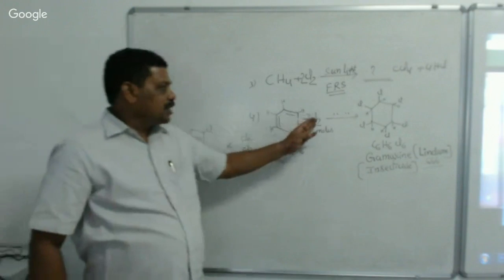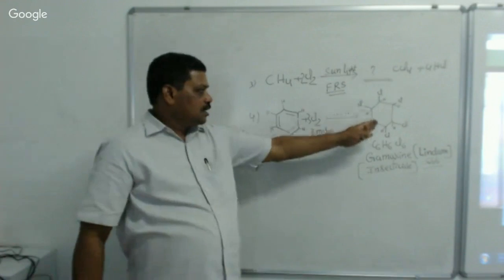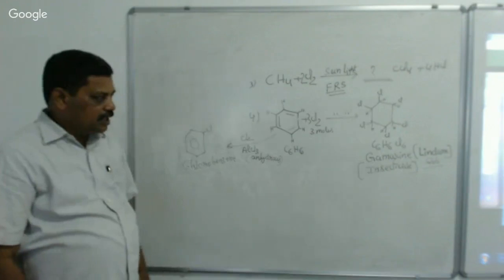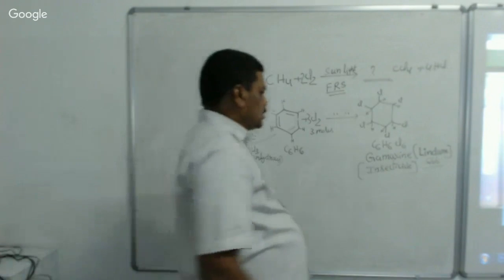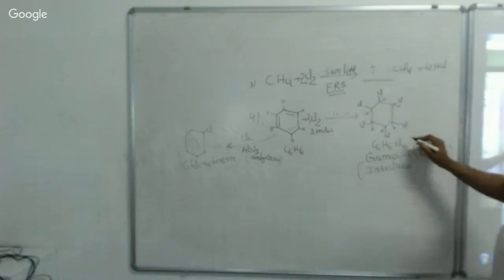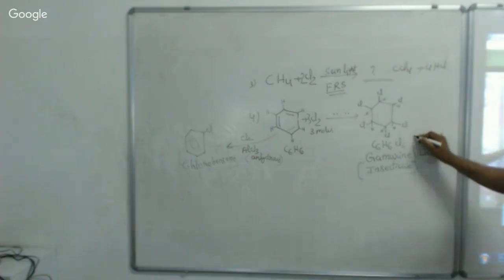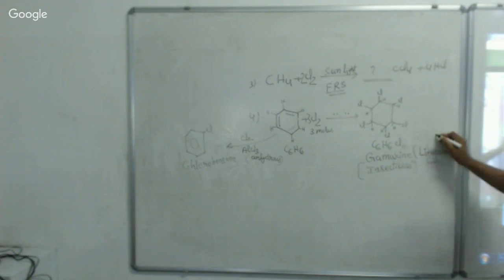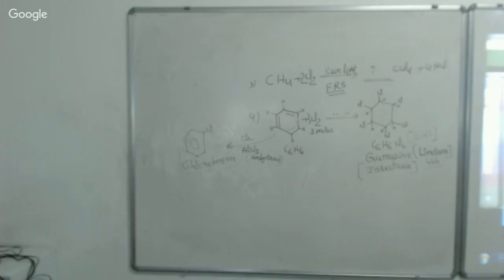So, chlorine in the presence of sunlight gives benzene hexachloride. It is also called BHC, benzene hexachloride. So, chlorine with sunlight, you will get benzene hexachloride.